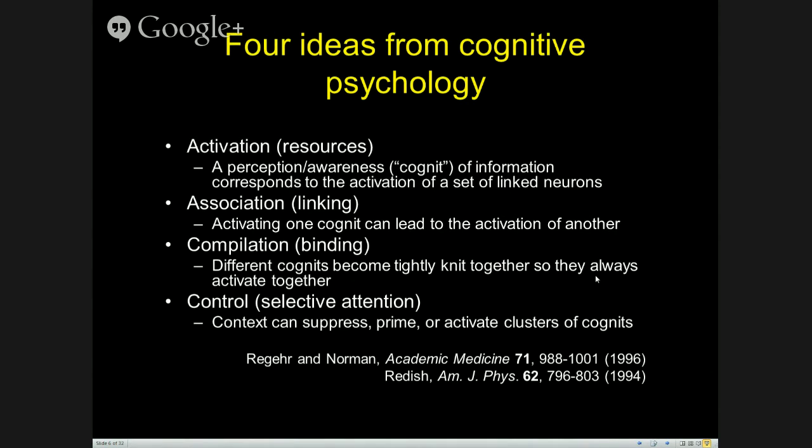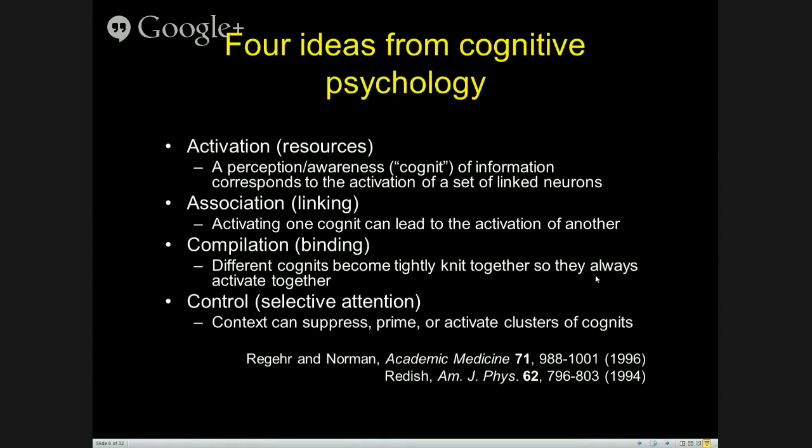So a lot of people have looked at cognitive psychology and have come up with this model for learning that has 4 steps: activation, association, compilation, and control. Activation means that new information is stored into your brain in the form of a set of linked neurons. So it's a tiny little bit of information that is stored into your brain.